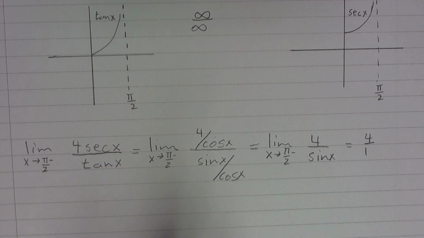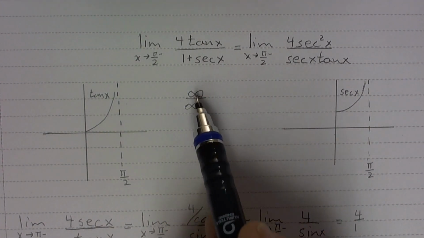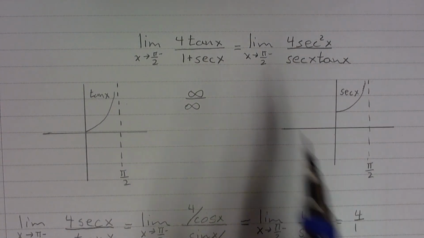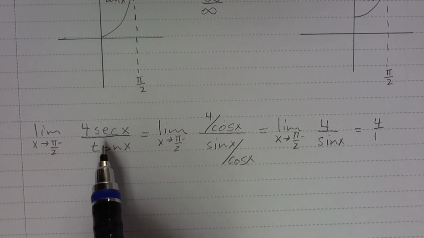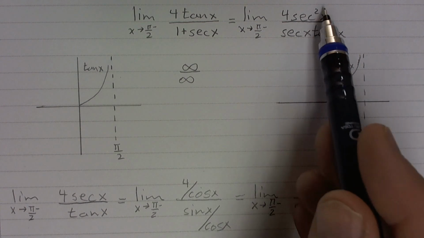Now, I chose this trig function to illustrate the case of infinity over infinity. Notice that once we used L'Hopital's rule, we were still in the same situation. We still had infinity over infinity.